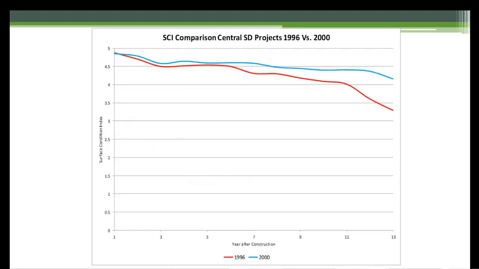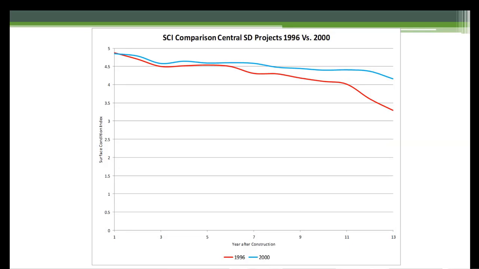So if you want to graph it out, and this is Blair's graphing, the red one, the bottom line, is 1996. And this is a graph of pavement condition index, or how good a condition that pavement is in over time. On the vertical axis, you go from 0 to 5, 5 being a perfect condition pavement, and 0 being literally total destruction.